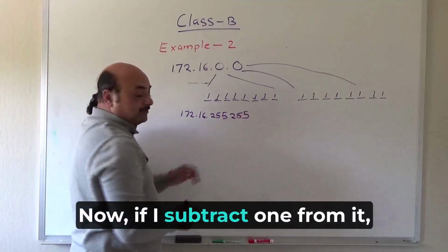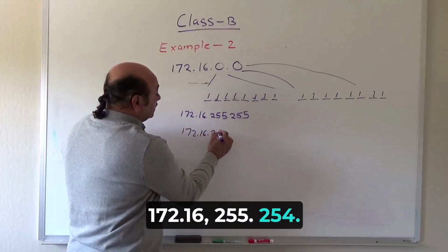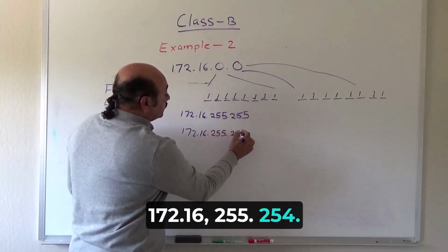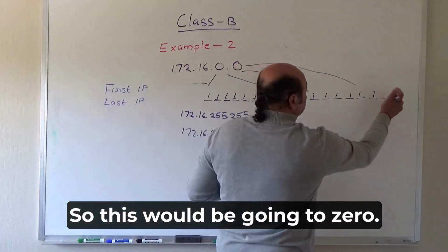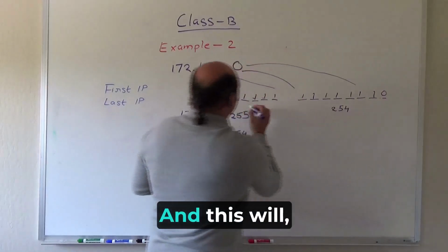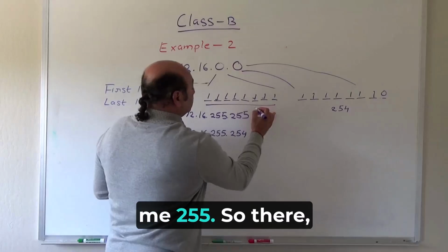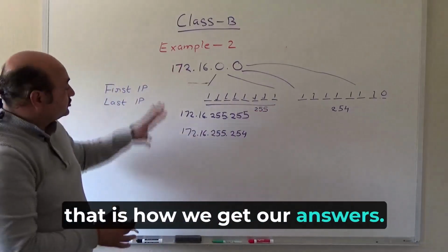Now if I subtract 1 from it, it will give me the address 172.16.255.254. So this would be going to 0, and that will give me 254, and this one portion will give me 255. So that is how we get our answers.